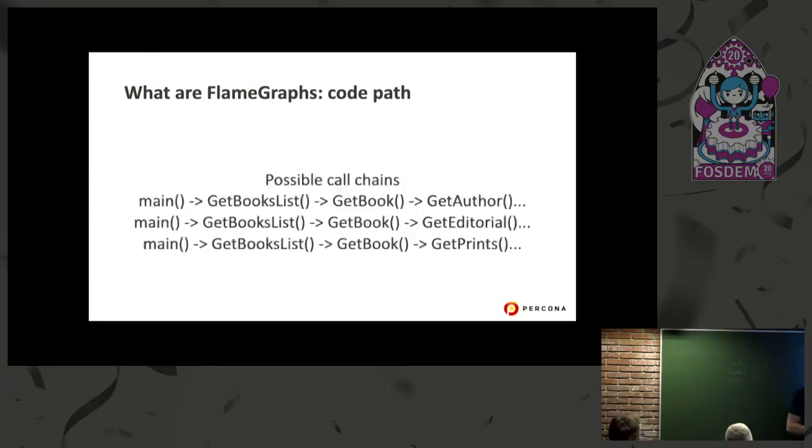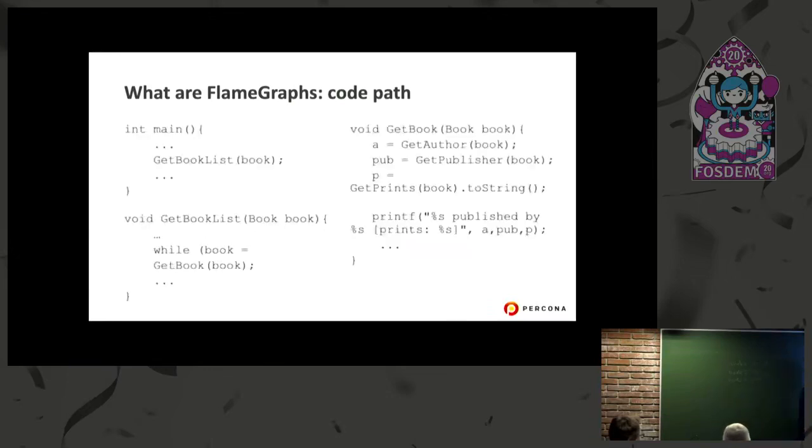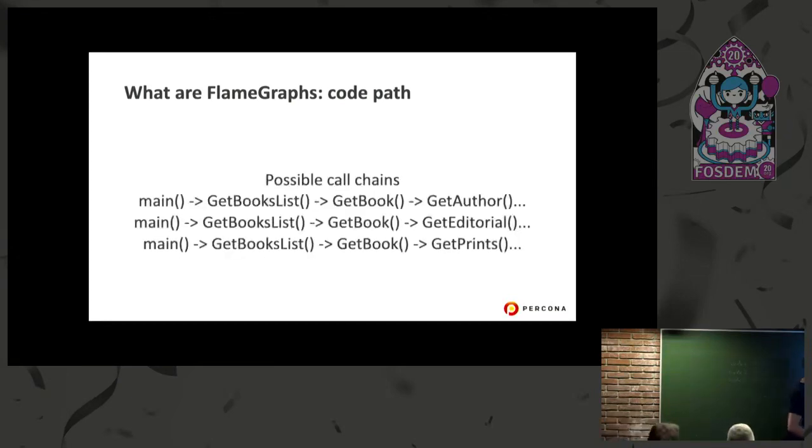So what are call chains? Call chains are possible ways that the functions can work based on the behavior of the user or the behavior of the database. In the example I showed before, which is like a possible library software, what are we doing?